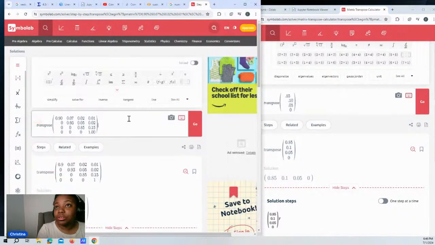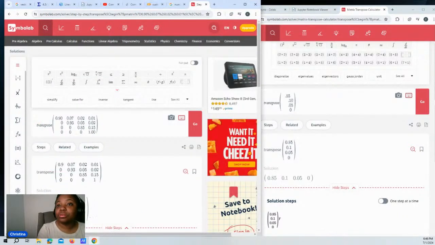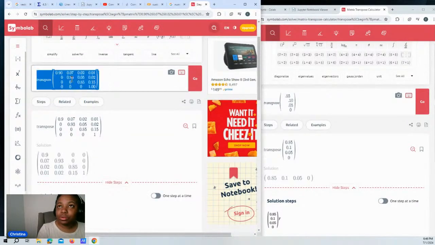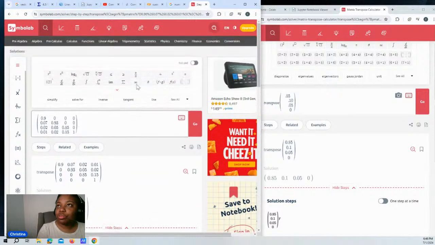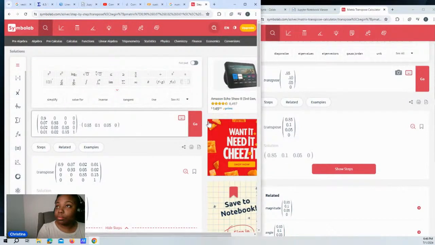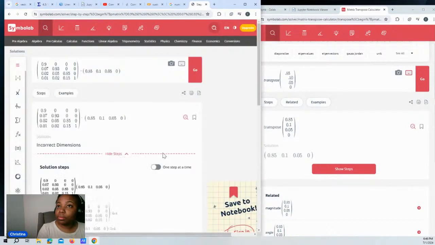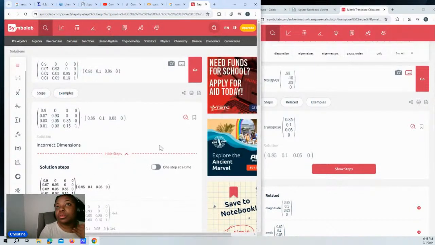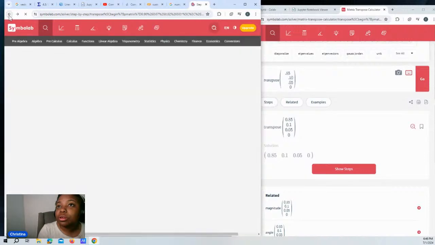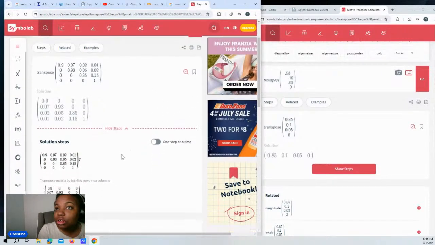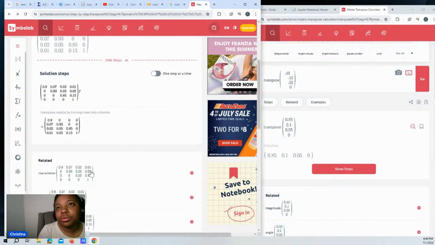I still get the same thing, because I just put the transpose in here. Yeah. So no, it doesn't help me out. Thank you so much for failing me, public school education.